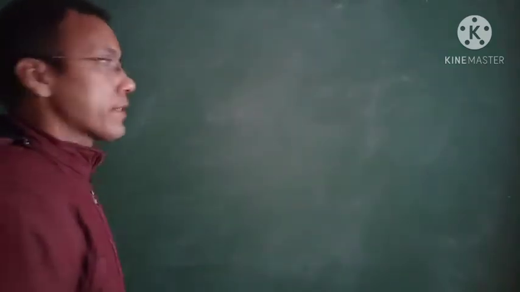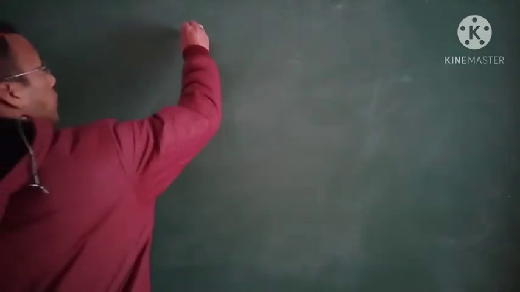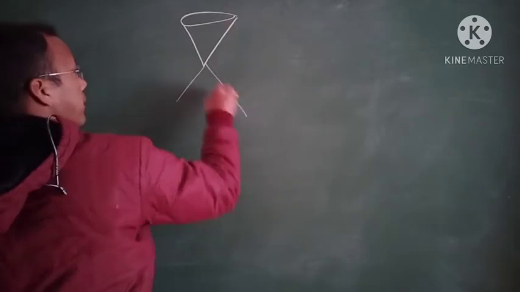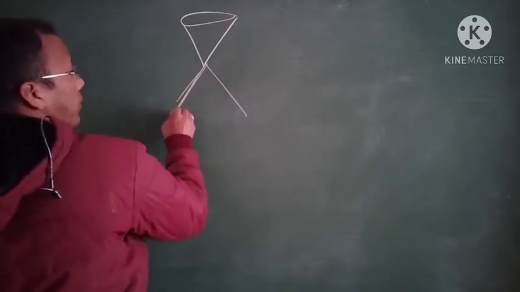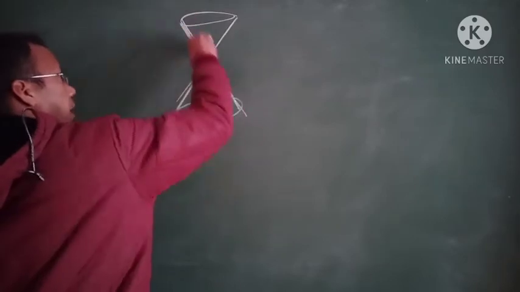What we have discussed, if we have a cone, an inverted cone, both the cones inverted like this one, that is the second cone, the same, that is the generator. We have discussed this one, this is the generator we have.